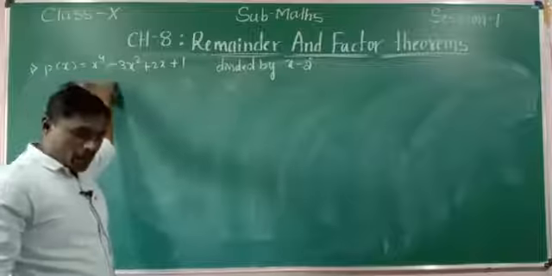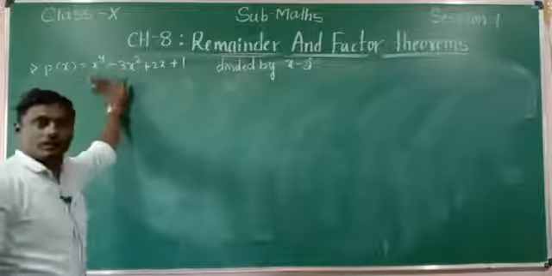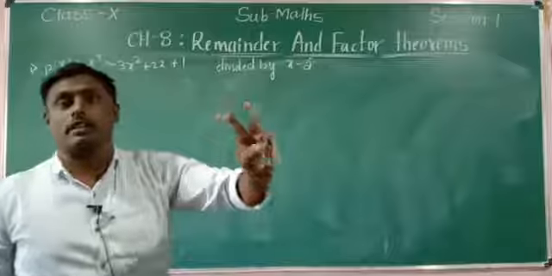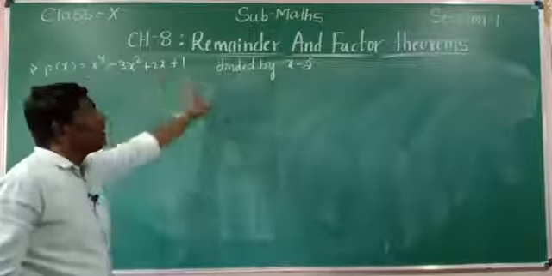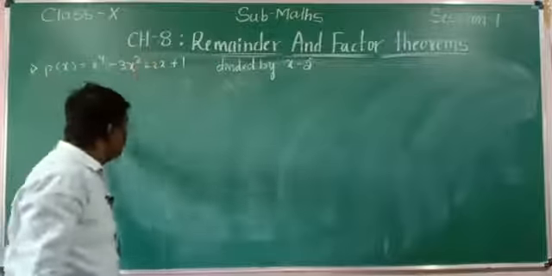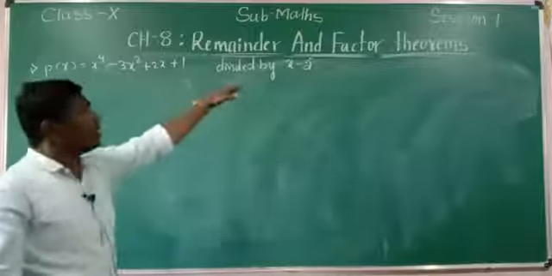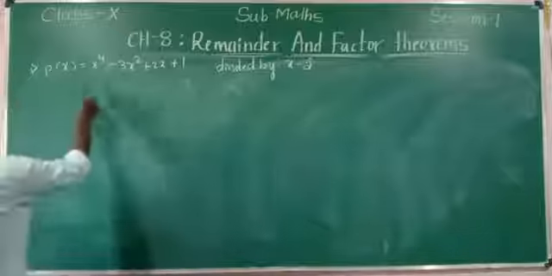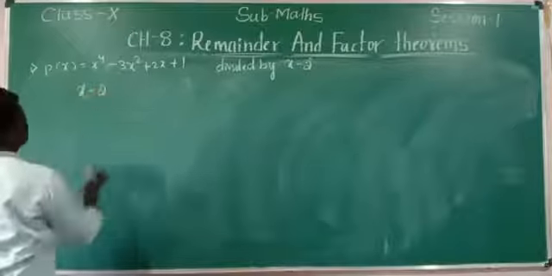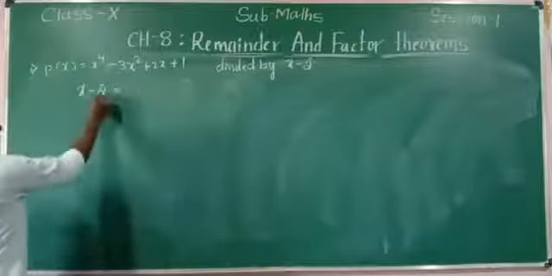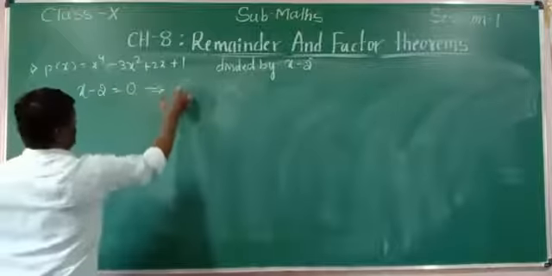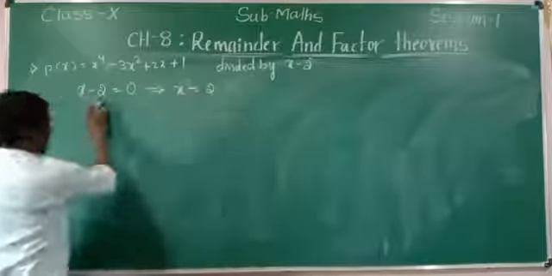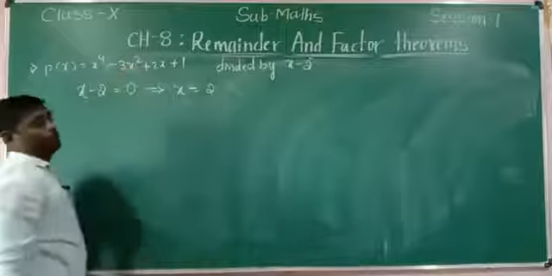We need to find the remainder of the given expression. We already discussed two methods: either we can find the remainder by dividing, or by substituting the x value in the given expression. We have x minus 2 as one factor. So x minus 2 is equal to 0, then x is equal to, taking minus 2 to the RHS, it becomes plus 2.